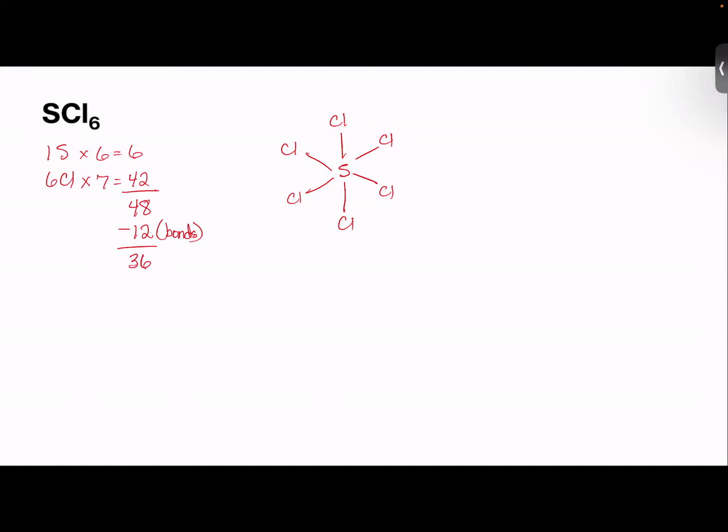The next step says to give your external atoms an octet. Chlorine currently only has 2 valence electrons within the bond, so we have to add an additional 6 valence electrons to each chlorine in order for the chlorines to achieve an octet.